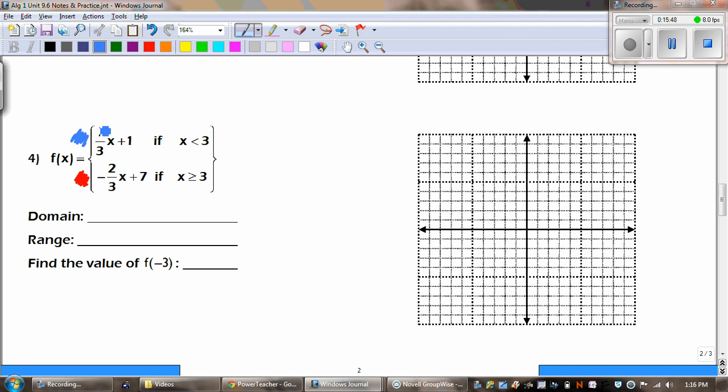This one's going to be my blue graph. So what we'll do this time is we'll go through and write the information down, and I want you guys to graph everything, okay? So the one on the top, that is a linear, good.